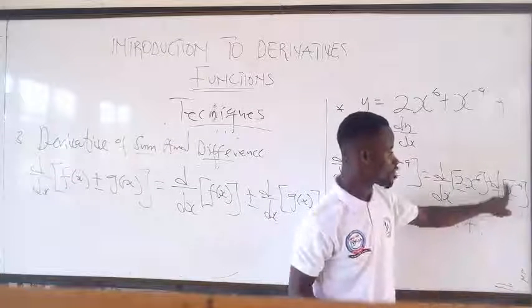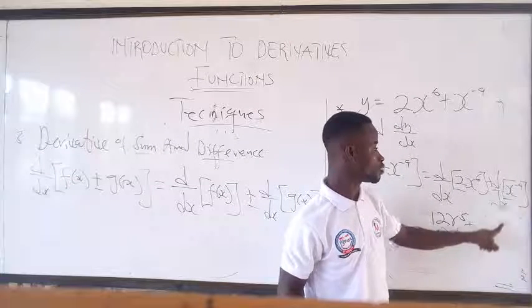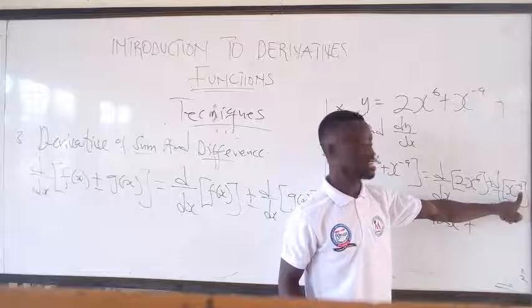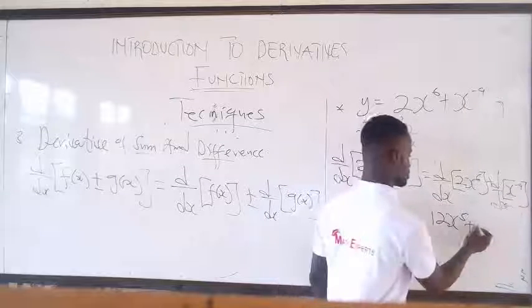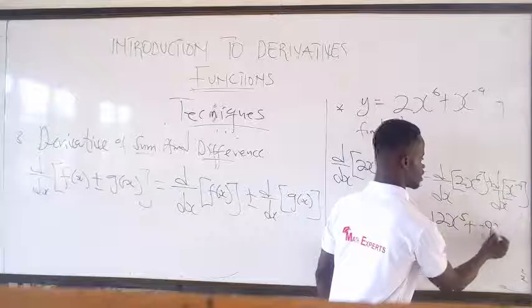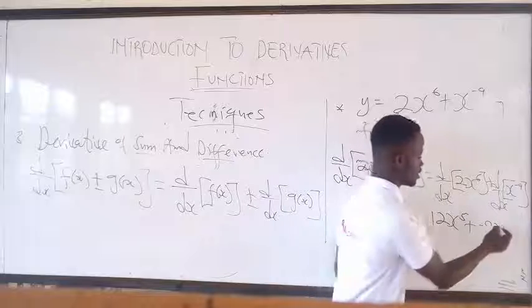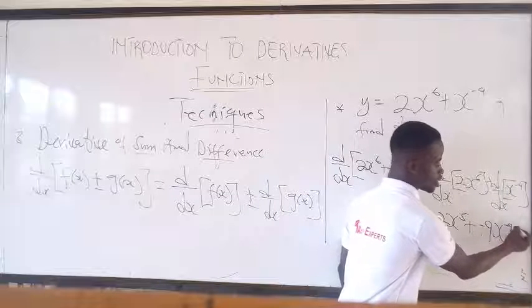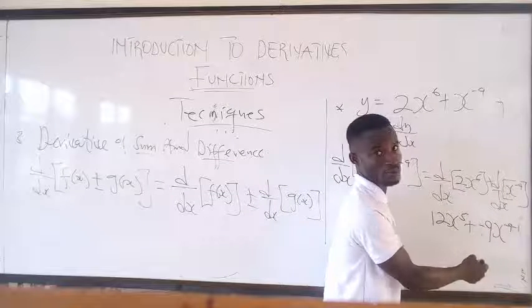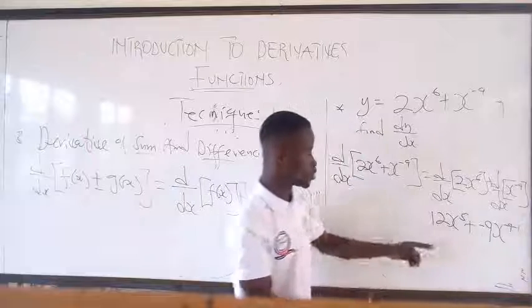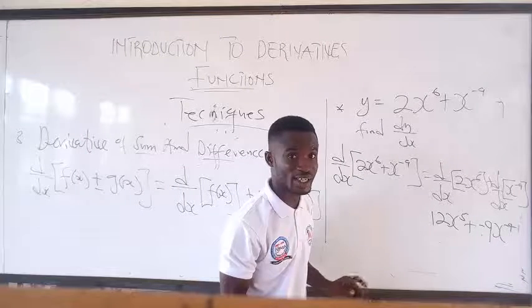Plus, you know the coefficient here is what? 1. So negative 9 times 1, you get what? Negative 9. Bring your x. Negative 9 is there. Then you subtract 1 from negative 9.